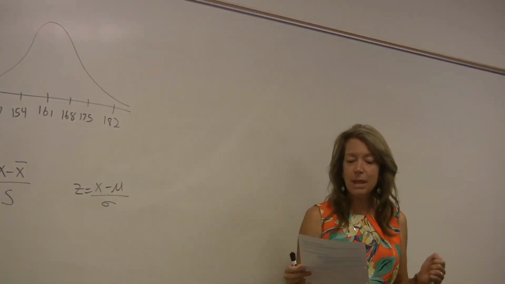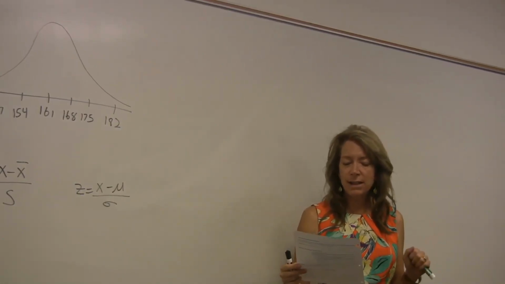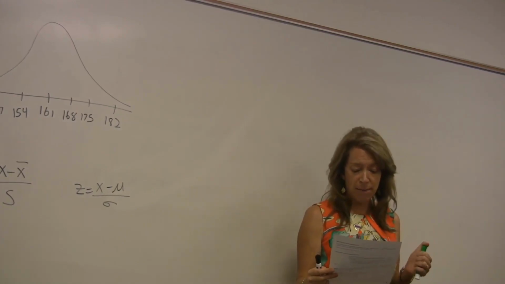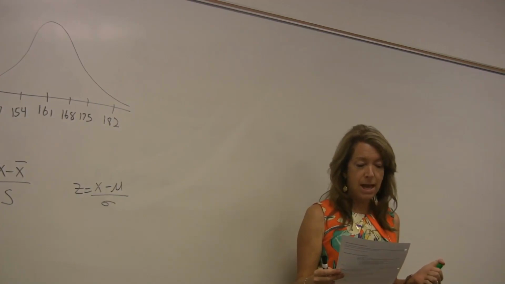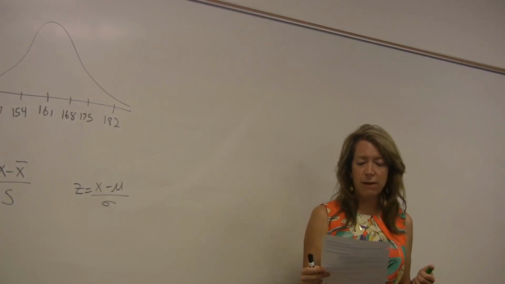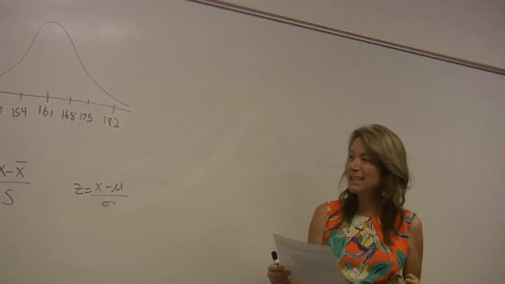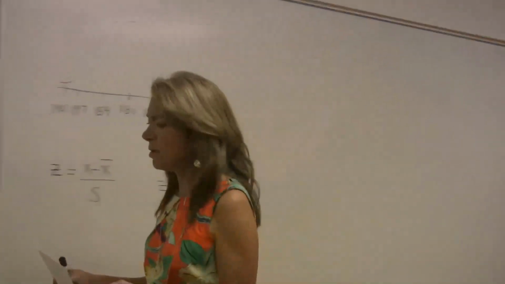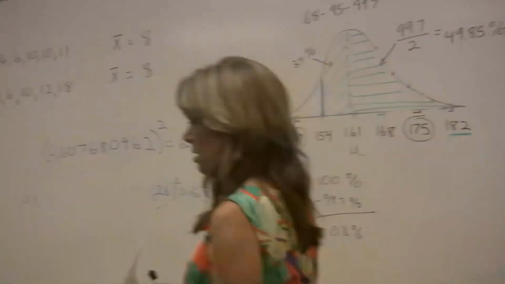Before I find the z-score, I want to answer question B, page 30 at the top. How many standard deviations away from the mean is a woman who's 170 centimeters tall? Almost 2, she says.